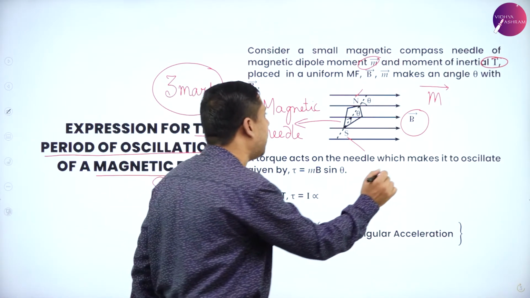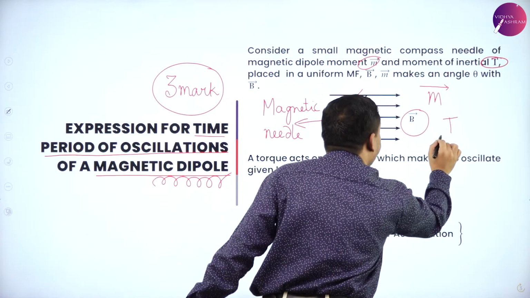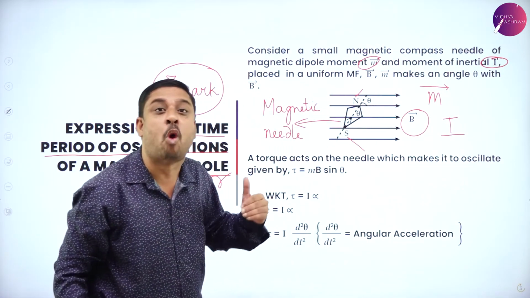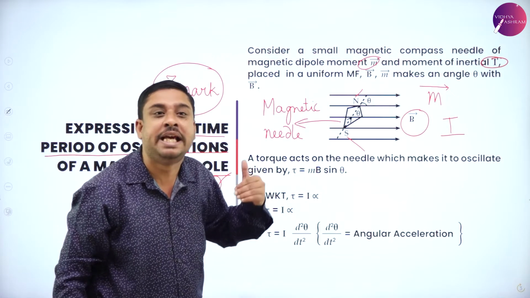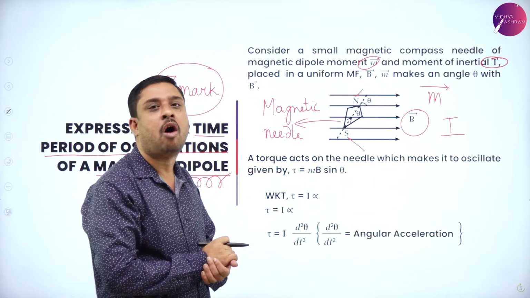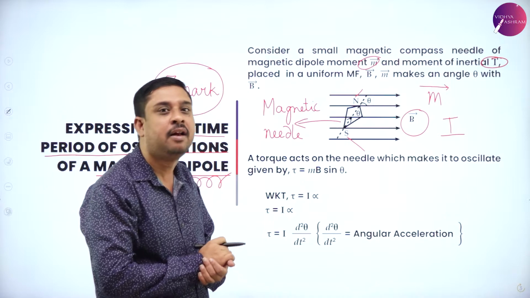Please do remember, I represents the moment of inertia of the needle.